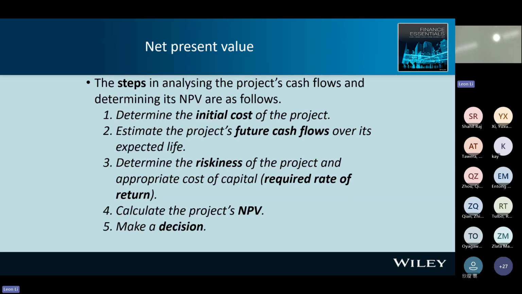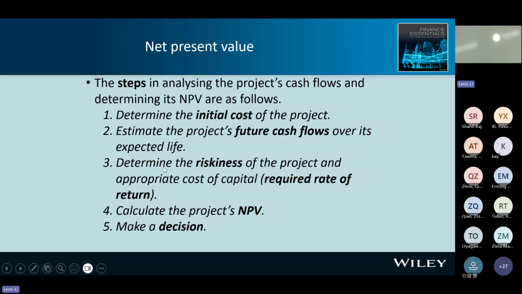All right. Next slide, we show you the steps in analyzing a project's cash flow and determining its NPV. We have several steps. Step 1, determine the initial cost of the project. Step 2, estimate the project's future cash flow over its expected life.